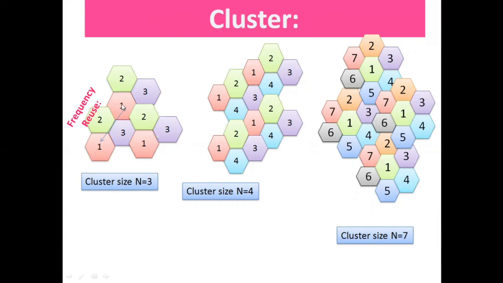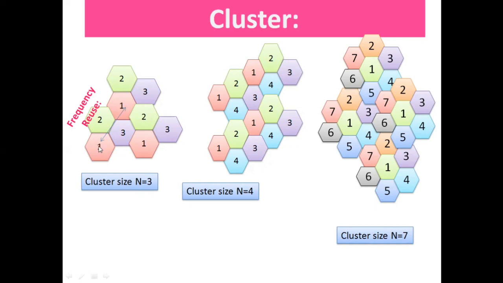Since we go for frequency reuse, a group of cells is made use of with unique frequencies, called a cluster. Here is an example where the cluster size is n equal to 3. That means I have 3 cells with unique frequencies, and this group of cells is one cluster of size n equal to 3.